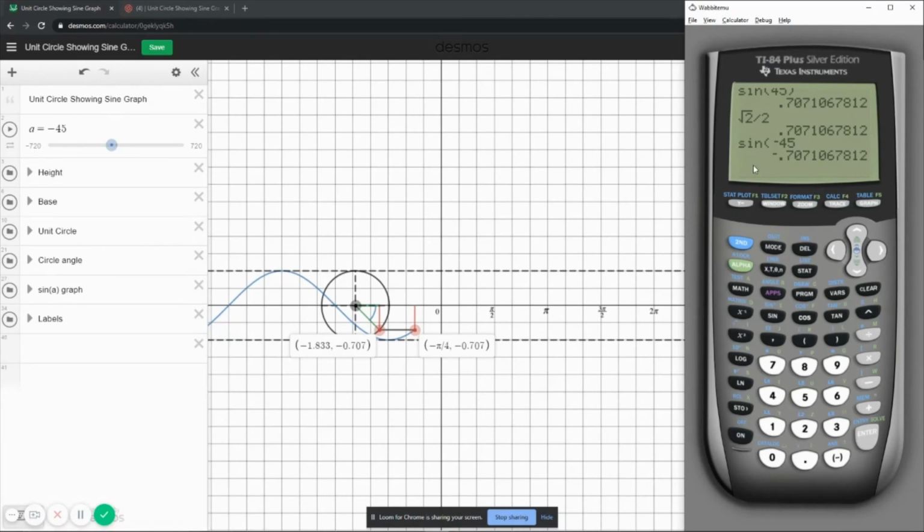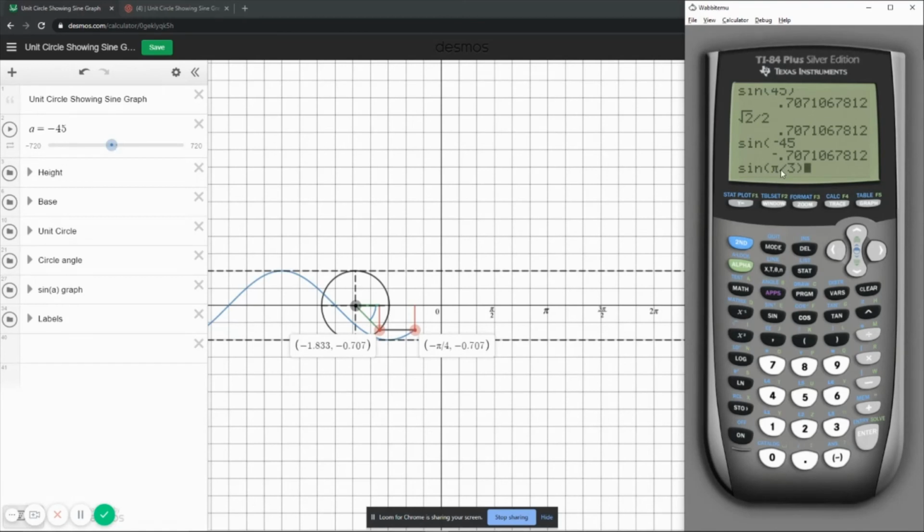So really important is to know whether our calculator is in radians or degrees based on what we're trying to input. If I was still in degrees, and I ask what's the sine of pi over 3, I know this is 60 degrees.